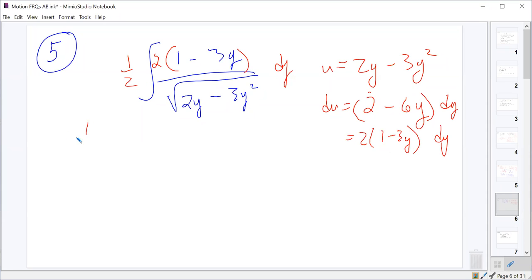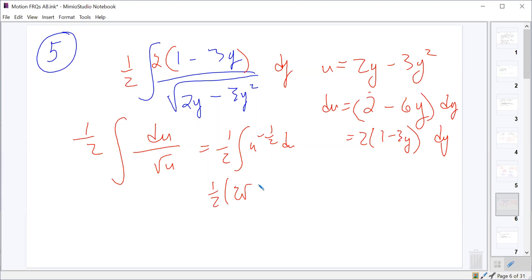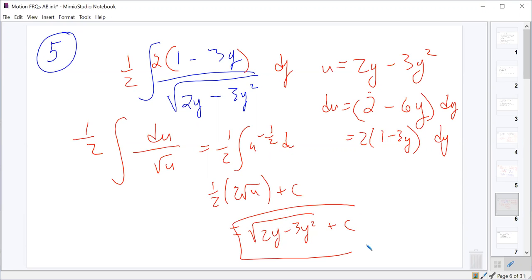So we'll have 1/2 the integral of du over root u, or u to the negative 1/2. Integrate u to the negative 1/2, and you get 2 root u. So we end up with the square root of u plus your constant.